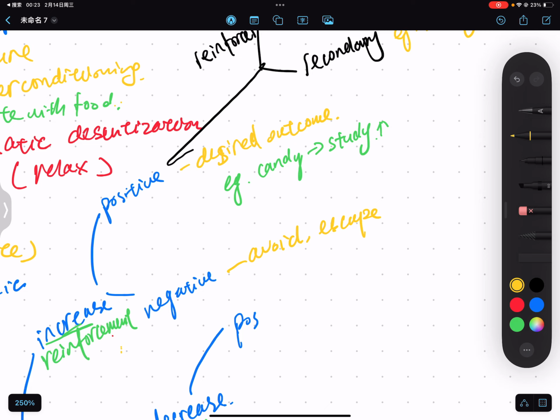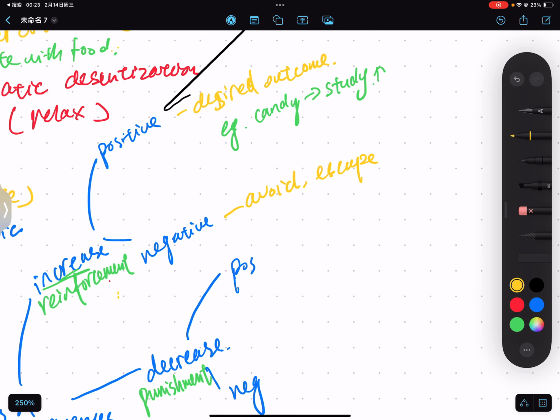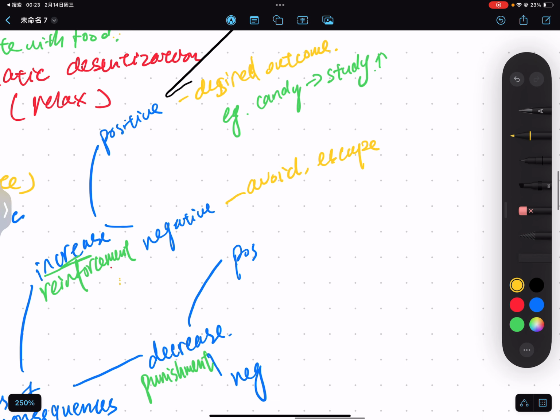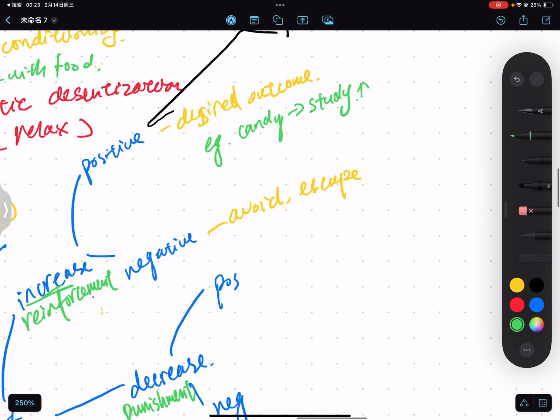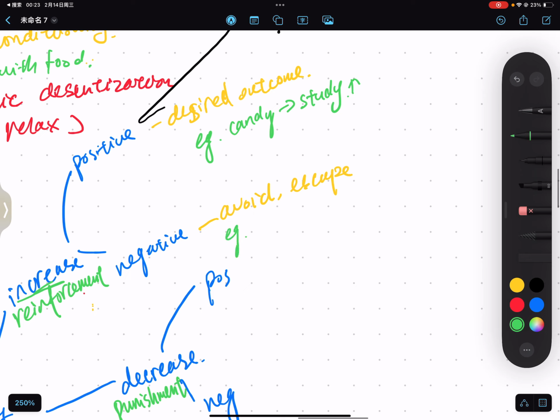It is really different from positive punishment, because punishment decreases the behavior. For example, your mom told you that you do not need to do the chores if you study. So this also wants you to study more, but it's to avoid doing chores.